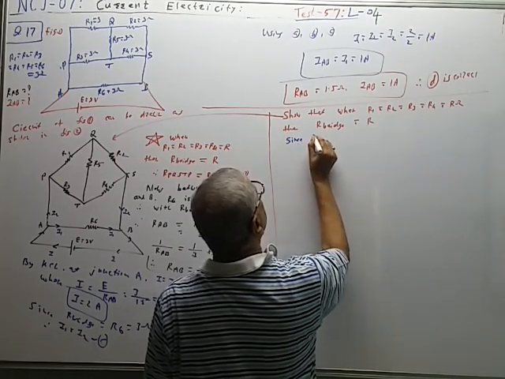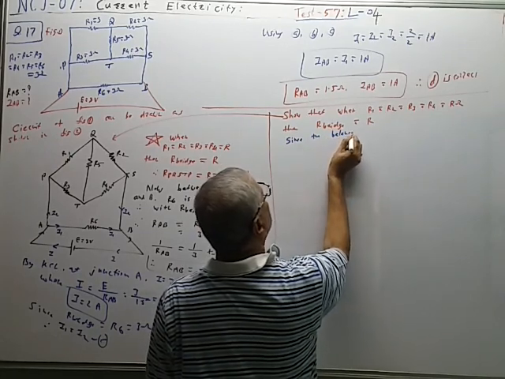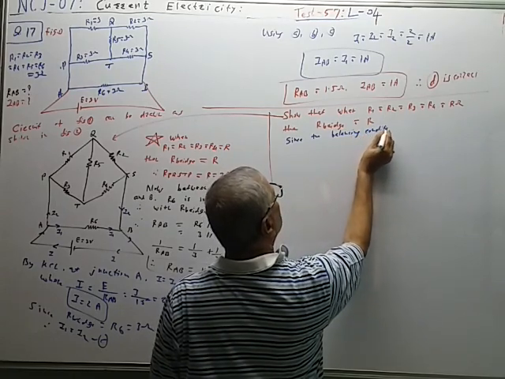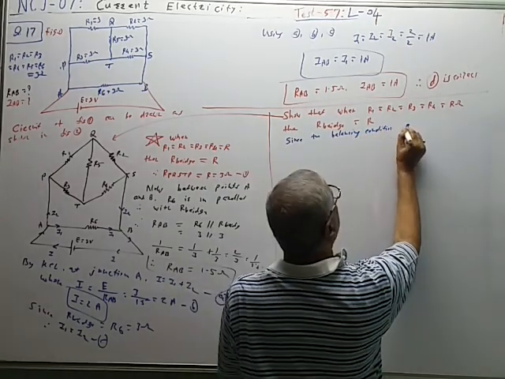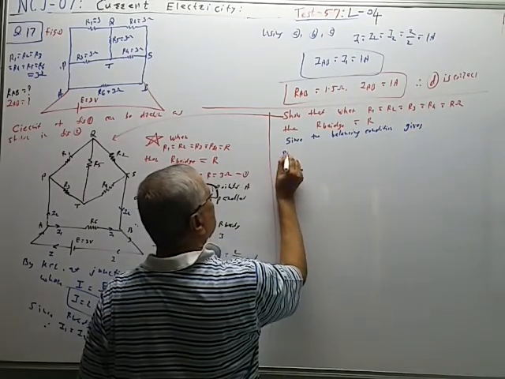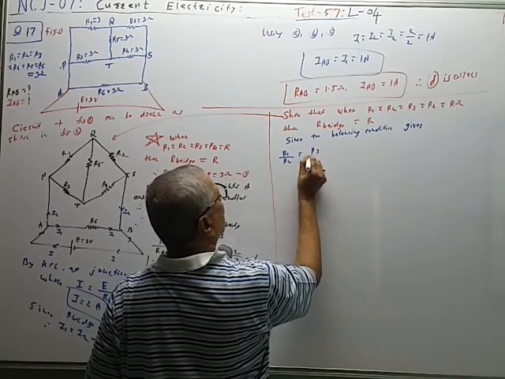Since the balancing condition gives R1 upon R2 is equal to R3 upon R4.